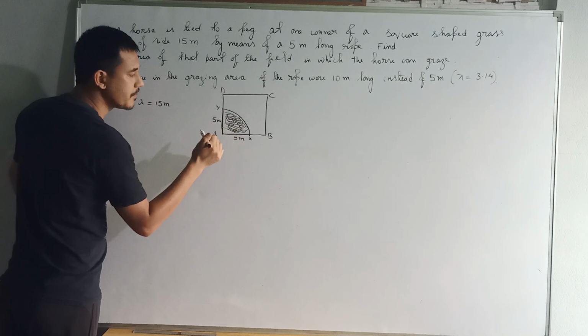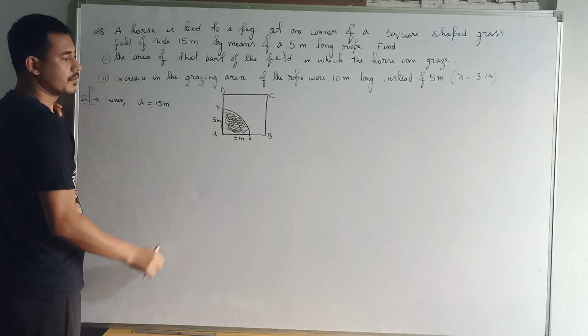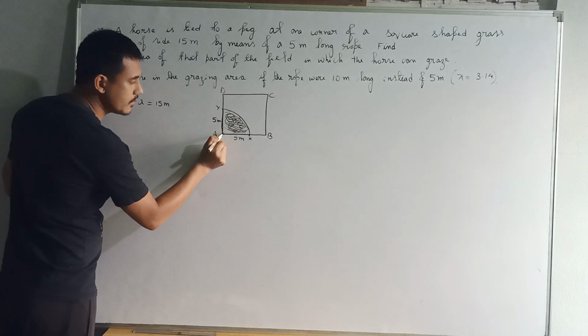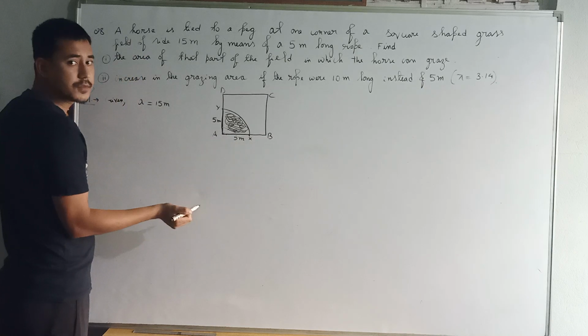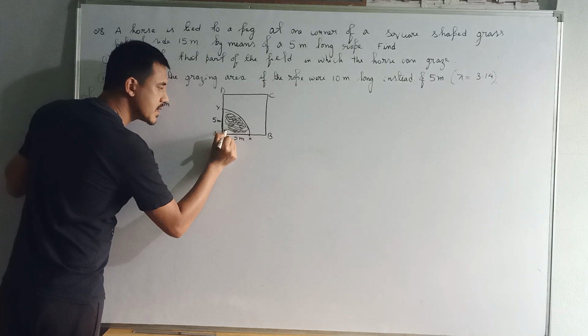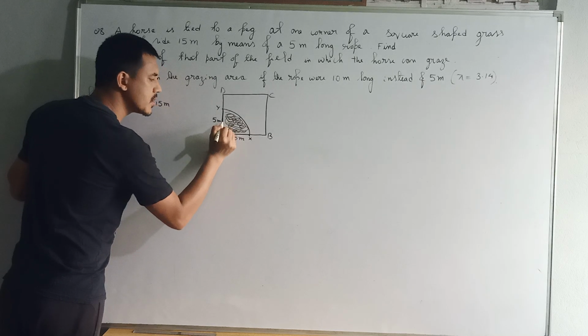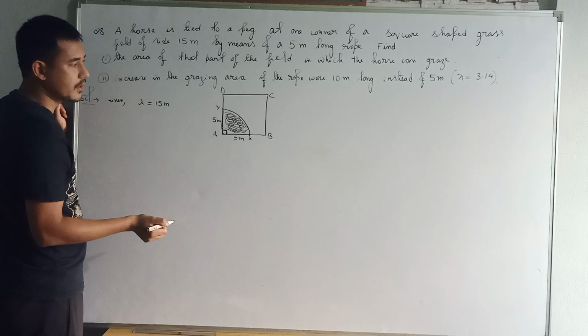And since A is the vertex of the square, this angle will be equal to 90 degree. This angle between two adjacent sides of a square will be equal to 90 degree.